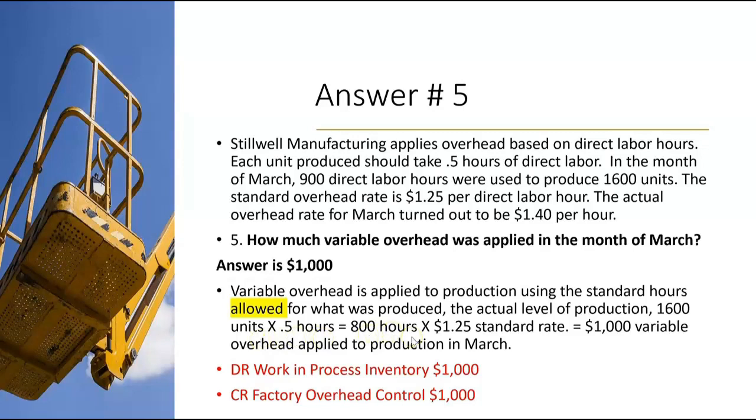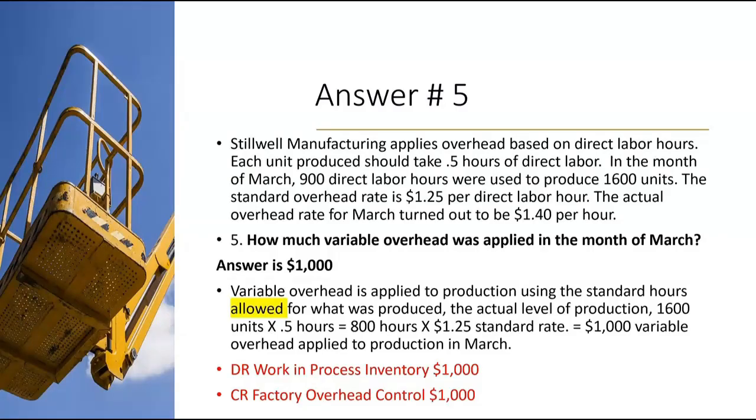So we're going to apply variable overhead to production, the 800 hours that are the standard hours allowed, times what was the standard rate? $1.25. So $1,000 of variable overhead will be applied to production in March, and that will result in a journal entry for us, a debit to work in process inventory, and a credit to the factory overhead control account.